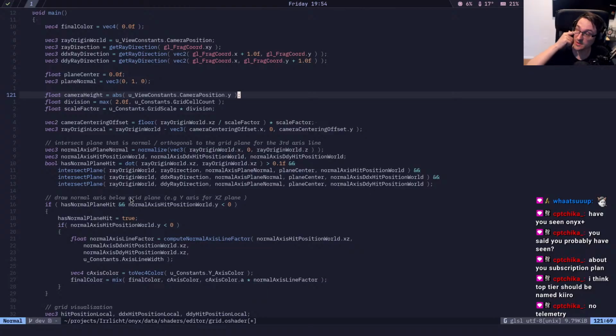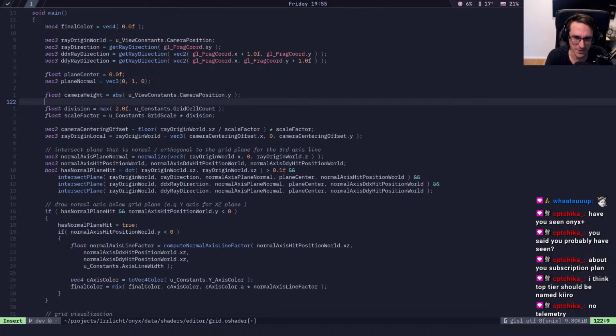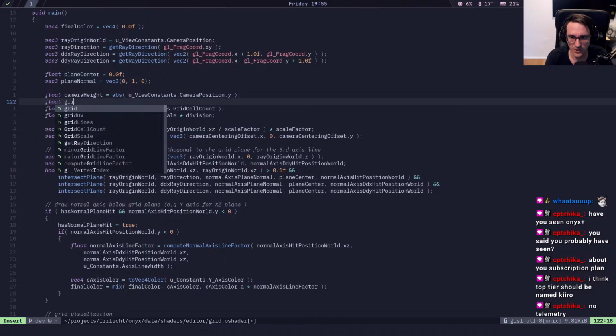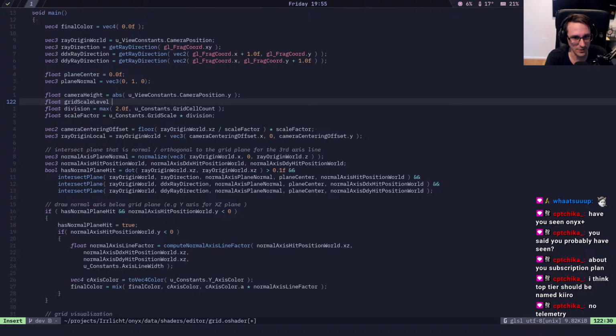That again should be the correct one. So we will deal with the coordinate stuff later, I guess. Now we have grid scale level or scale factor. Let's do that, grid scale factor. Okay, I guess we could just do scale factor.